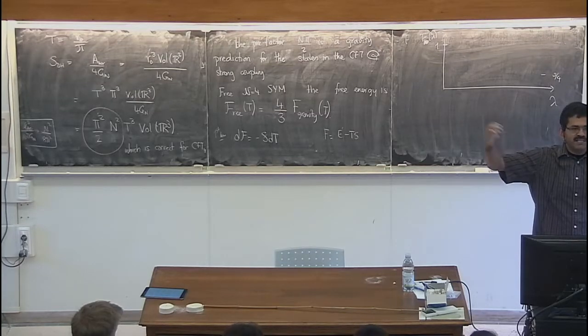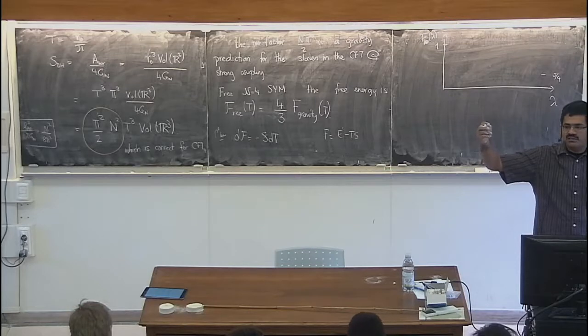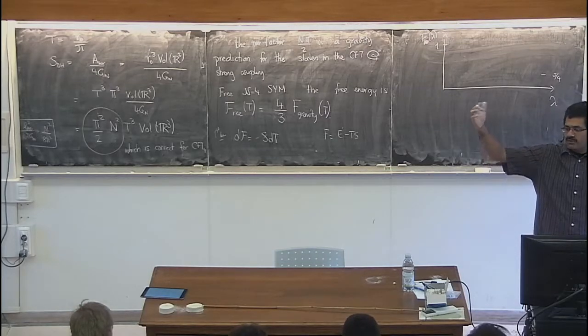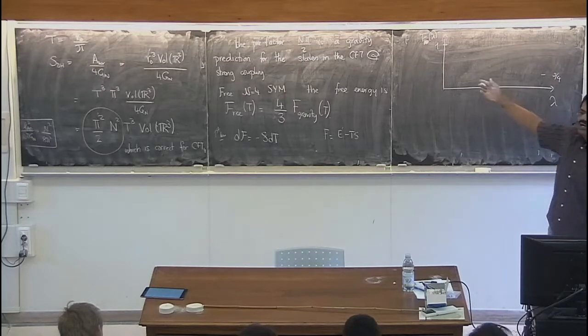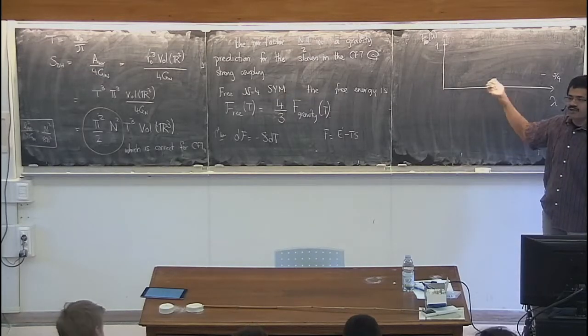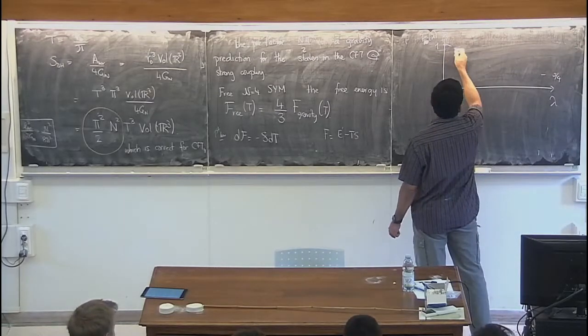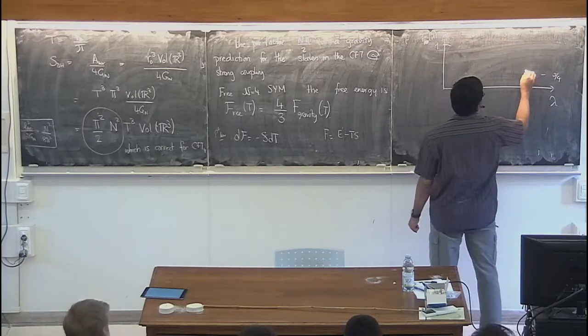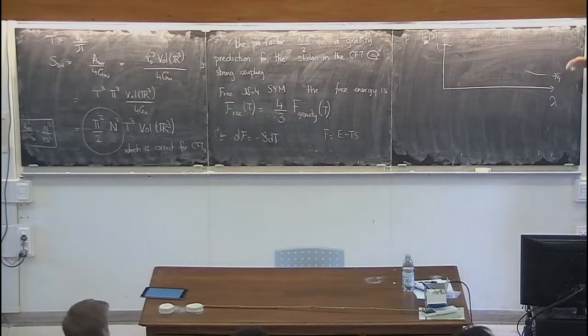The free theory is maximally free. All the particles you throw in can contribute to the total entropy of the system. But once you have interactions, it just might so happen that some of the particles combine and stay bound to each other, and you don't have access to as many degrees of freedom as you have in the free theory. So AdS/CFT gives you a prediction that somehow you should see a decrease in the number of active degrees of freedom at finite temperature as you go from weak to strong coupling.